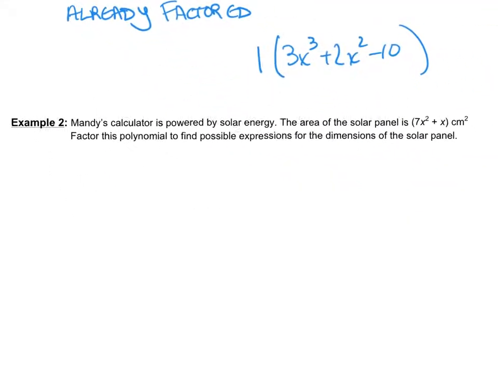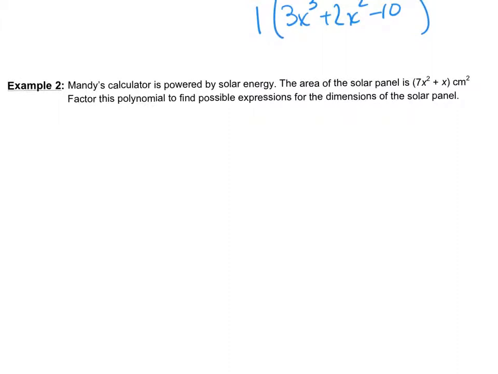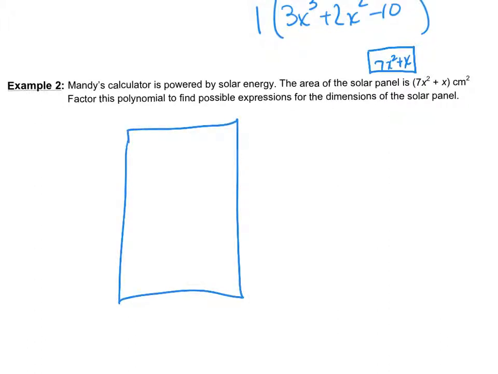Okay, let's look at example 2. Mandy's calculator is powered by solar energy. The area of the solar panel, so I'm imagining in my head a rectangle, is 7x squared plus x. Okay, so let's draw that picture a little bit bigger. Let's say this is the calculator, because this is the shape of a calculator.